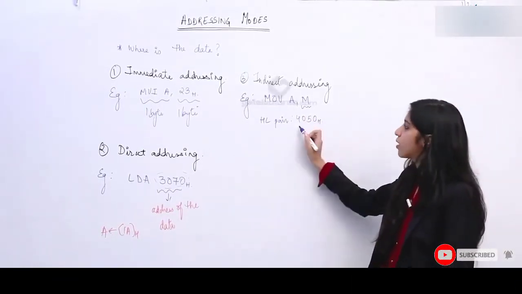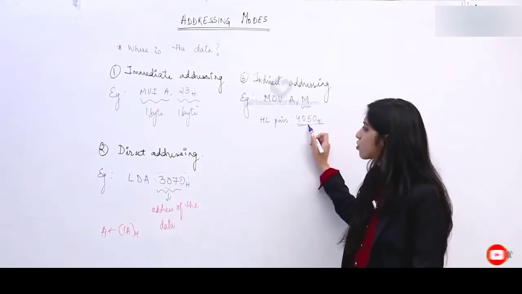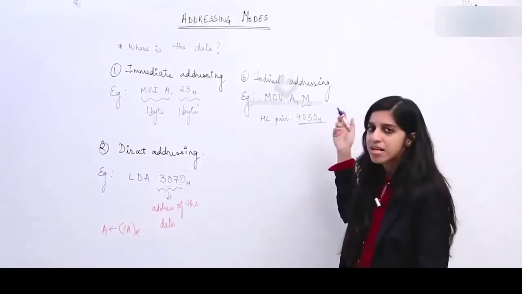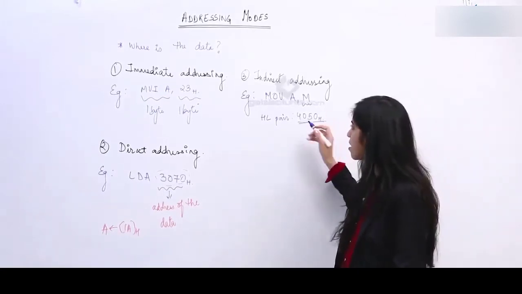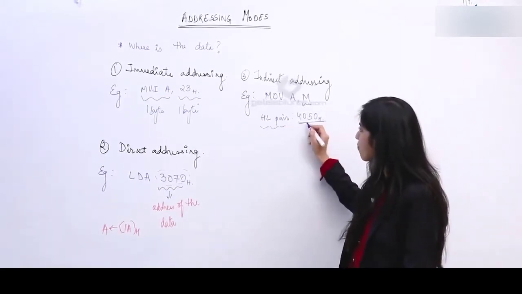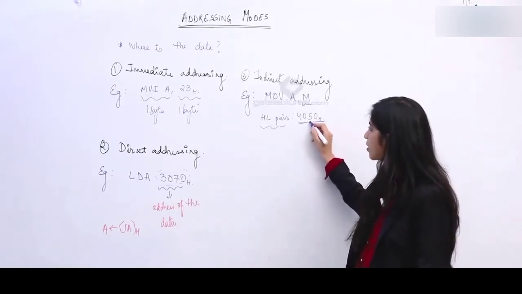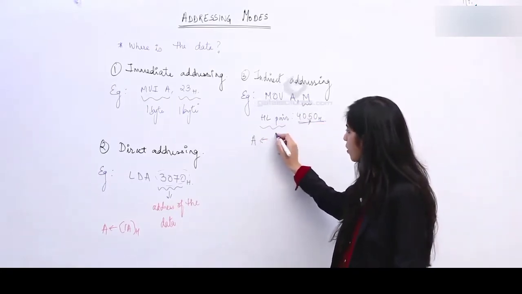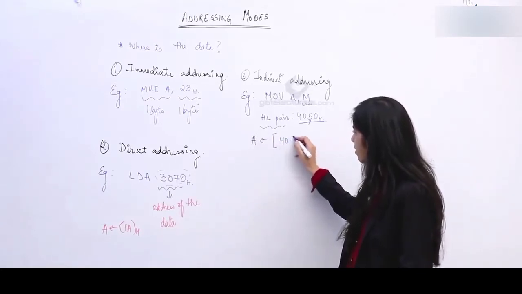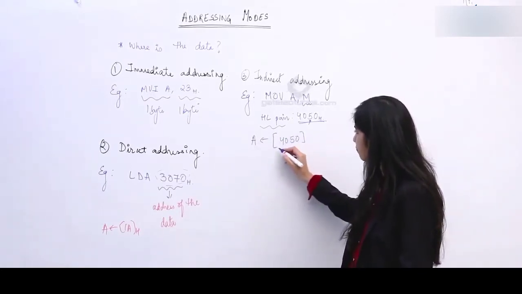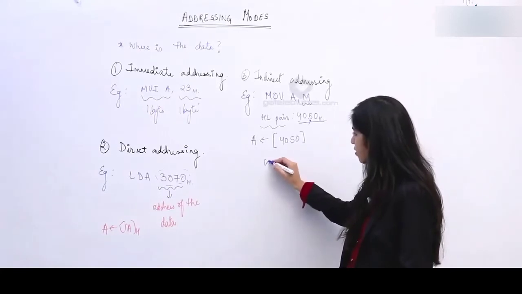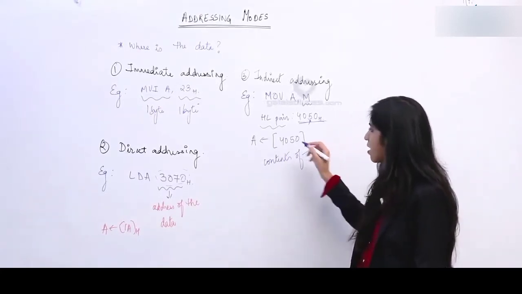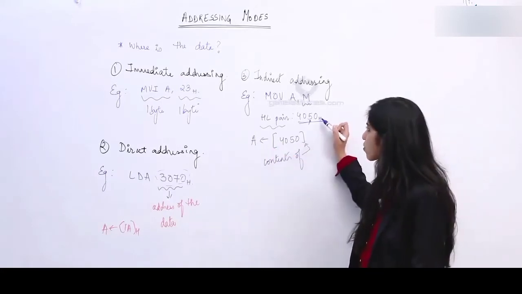This means that whatever value the HL pair points to is the required memory address where our data is stored. So the HL pair gives some value. You reach this value in the memory, extract the data, and A is going to be loaded with the contents of 4050, the contents of this memory location.